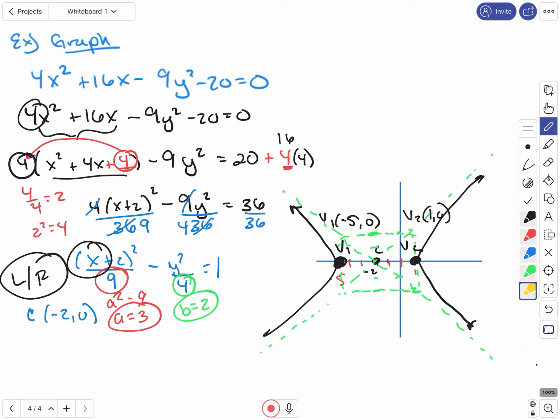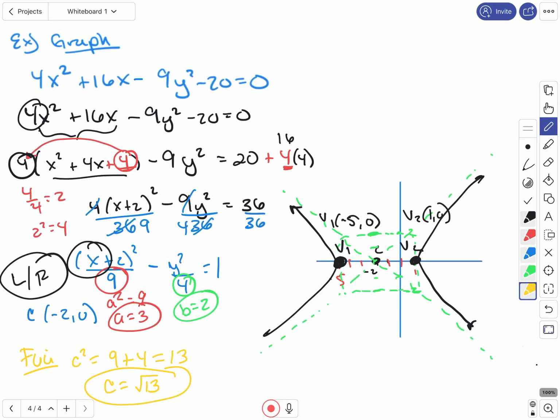Okay, and then finally we have our focal points. C squared equals A squared plus B squared, so 9 plus 4, which is 13. So C is the square root of 13. So that's just a little bit less than 4 units. It's 3 point something.